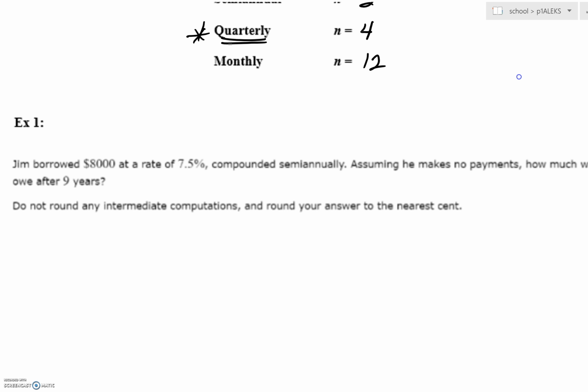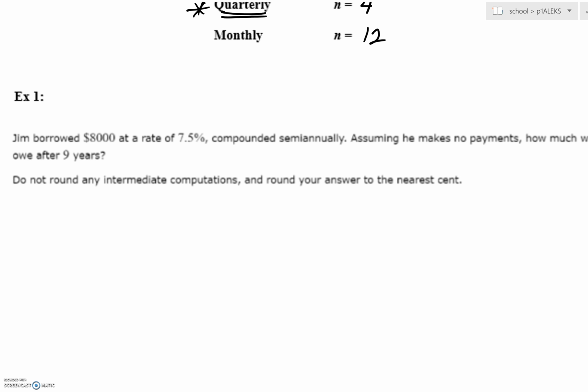So let's go ahead and see what would happen. And this can also be not just interest that would be accumulated for you, but it could also be interest that you are being charged if you are in a loan. So example 1 is such a case. This is not receiving interest from the bank as a gift. He's borrowing $8,000.